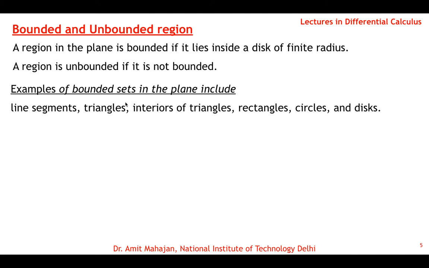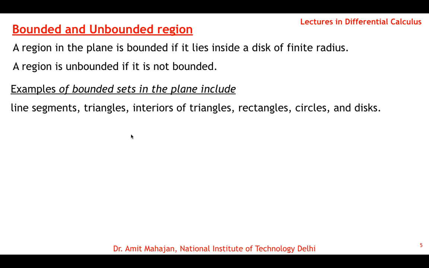So we'll call this a bounded region. Similarly, if you have any triangle you can draw a disk such that the triangle completely lies inside that disk, so we call that triangle a bounded region.